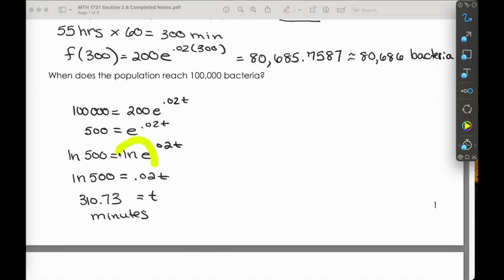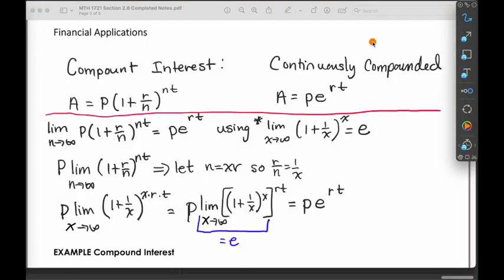So this is why I picked the natural log, because I know that would end up giving me 1, and it would make my arithmetic easier. Now, to solve for t, my last step is to divide both sides by 0.02. And so that's going to give me 310.73 minutes.